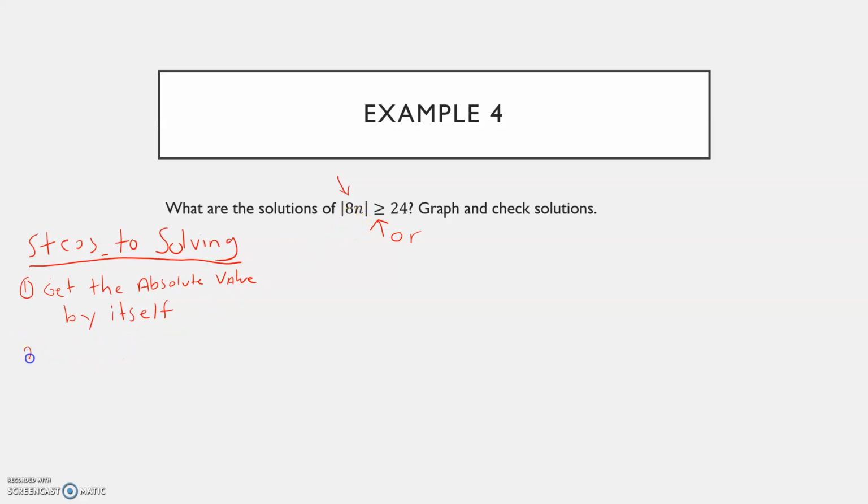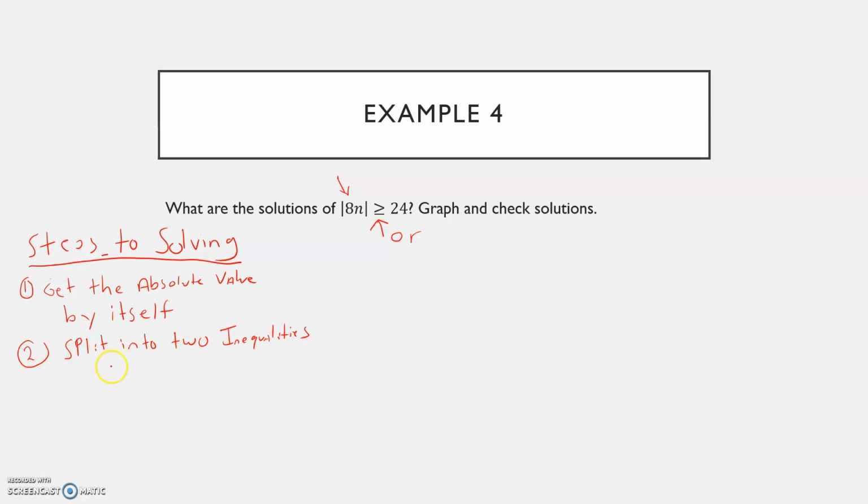Then step number 2, once the absolute value is by itself, we're going to split it into two inequalities. All right, this is where we're creating our compound inequalities.